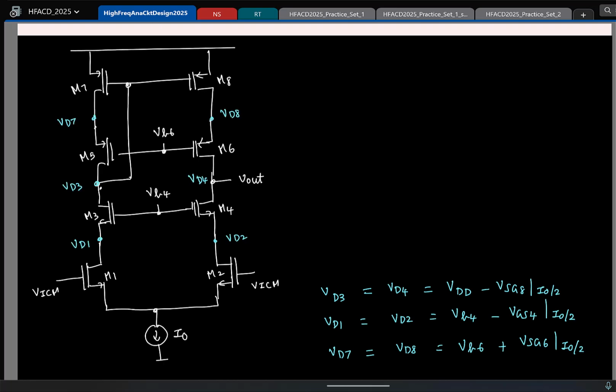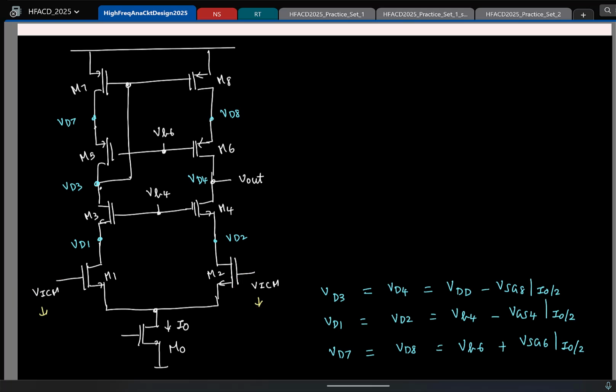Okay, now tell me, if I keep reducing VICM, and I'll replace the ideal current source with a transistor. This current is I0. This is M0. So if I keep reducing VICM, which transistor can go out of saturation?